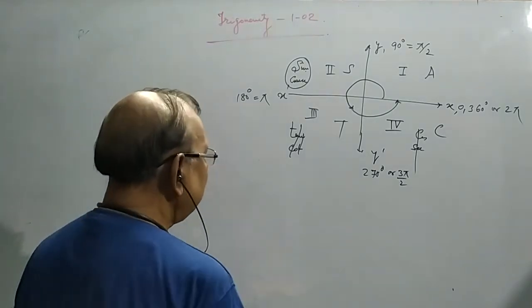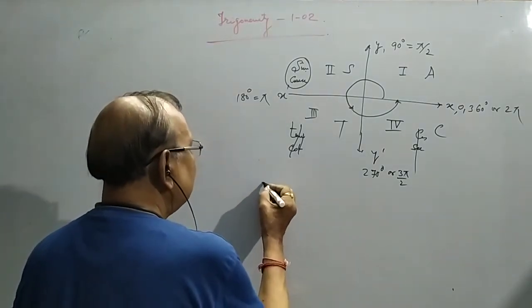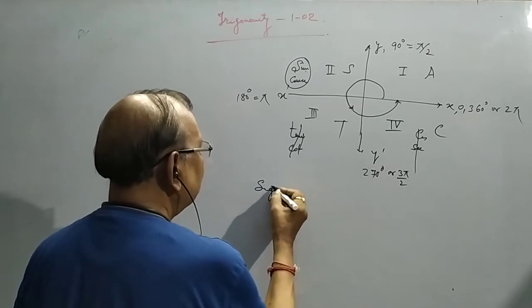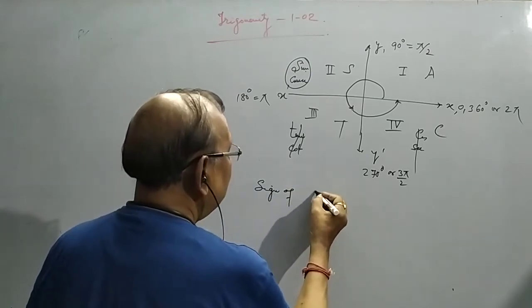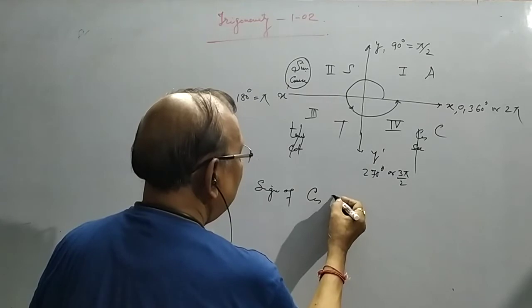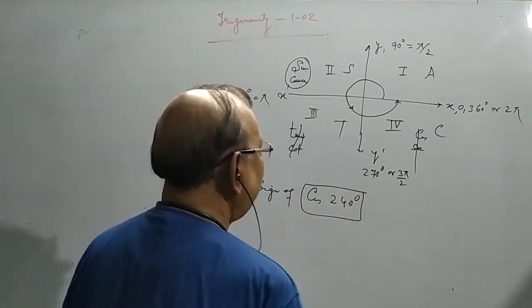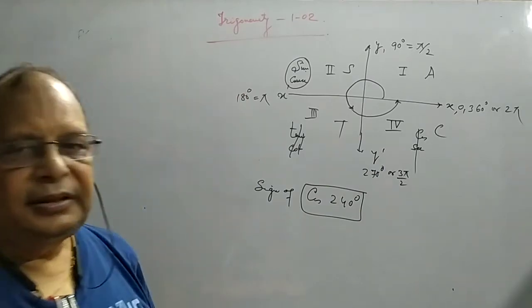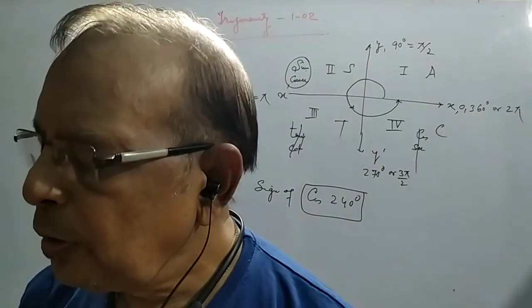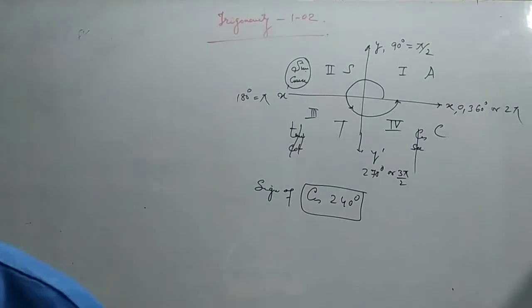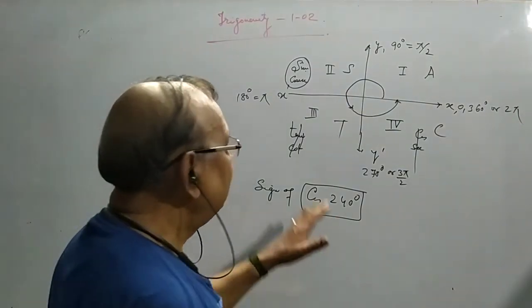Suppose we have to observe sign of cos 240 degree. 240 lies in third quadrant. In this quadrant only tan or cot is positive. Therefore cos is negative.